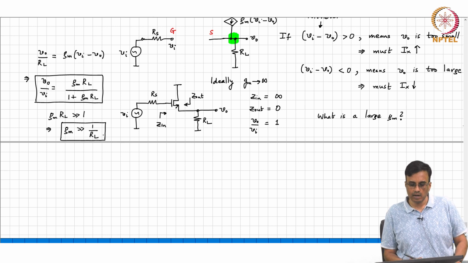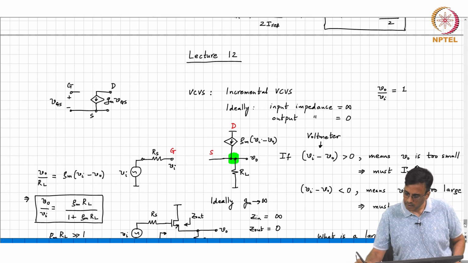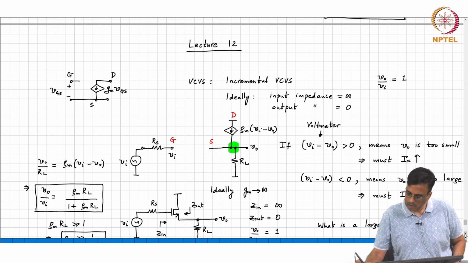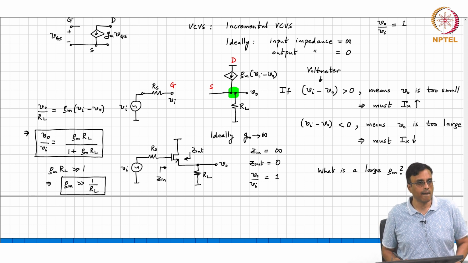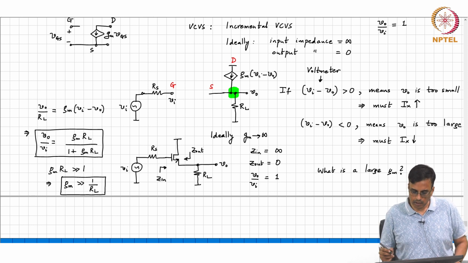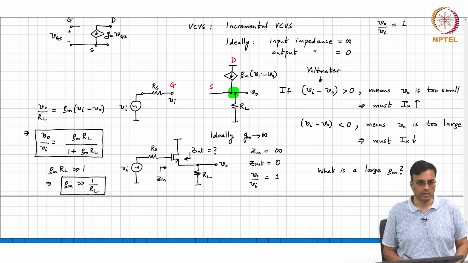So, to find output impedance, this is the gain with the finite GM. What comment can we make about the output resistance? How will we figure it out? How will we find out the output resistance?